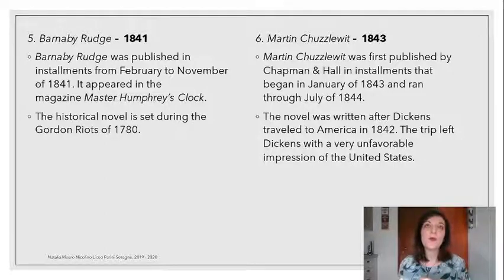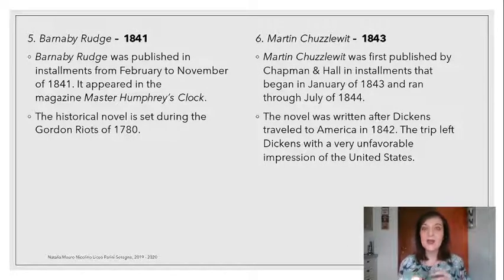Why historical novel? Because it is the only novel which is not set in Dickens's contemporary England, so it's not set in the Victorian age, in the age that Charles Dickens knew, but it is set about 60 years before, so historical.